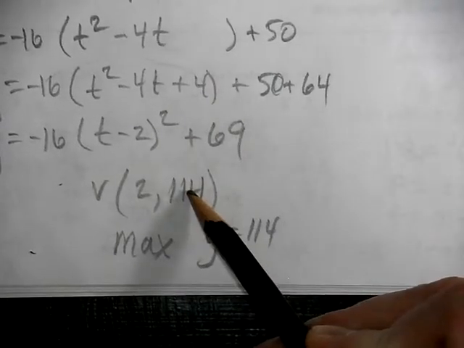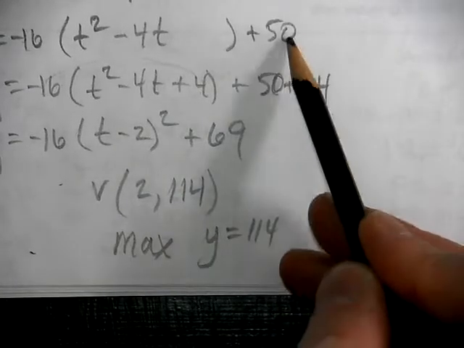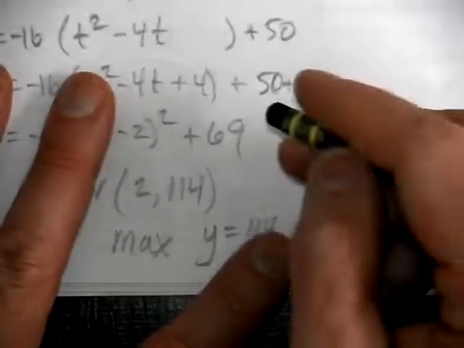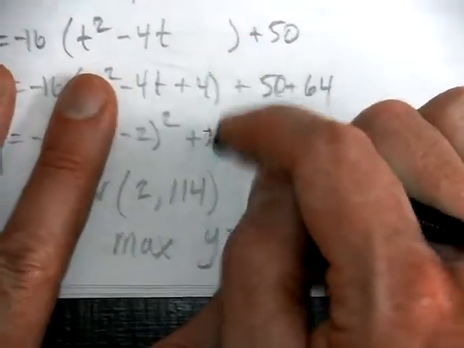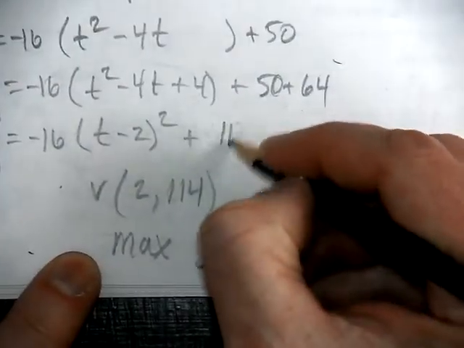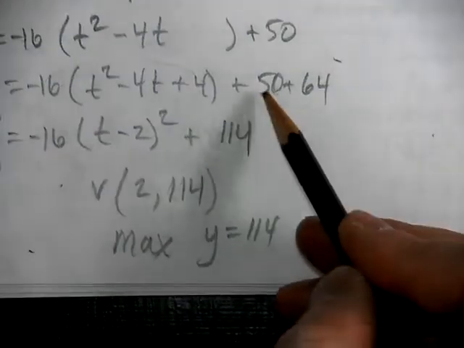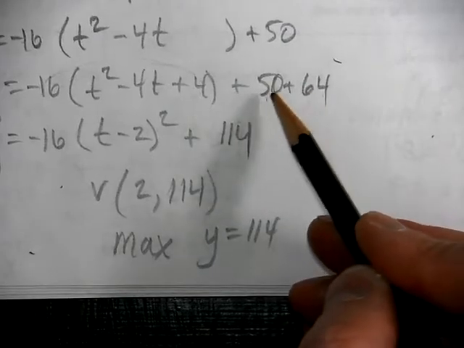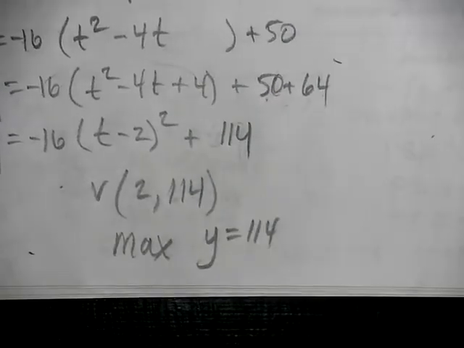I did my math here to get 114, but when I put the 50 back on here, this needed to change to 114. Now we're all better. 50 plus 64, it's not plus 5, it's plus 50. That gives us our 114.